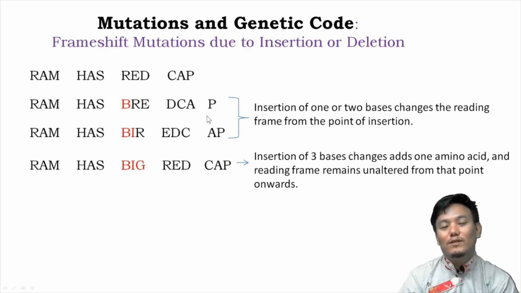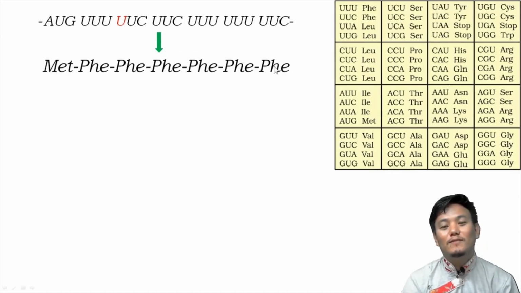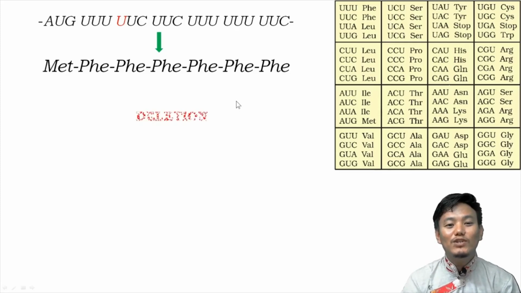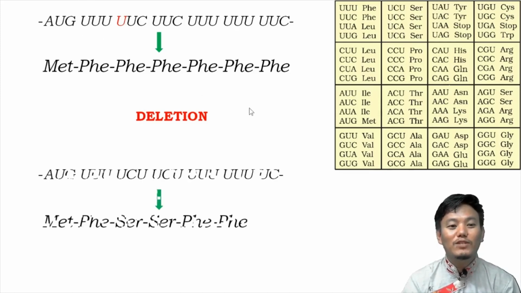Let's take the example of the same mRNA sequence that we have seen before, right? AUG, UUU, UUC, which codes for this particular sequence of amino acids. Now let's say there is a deletion of this particular U, which I have marked in red. Let's say this particular base is deleted or removed, right? A point mutation happens, and this U is deleted. So what will happen? The codon sequence on this mRNA will change, right?